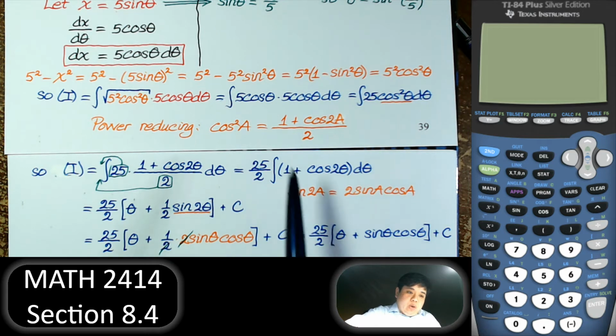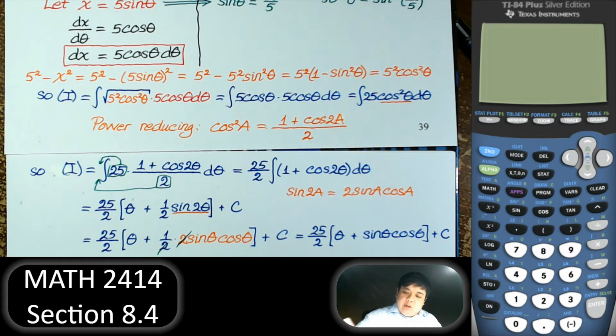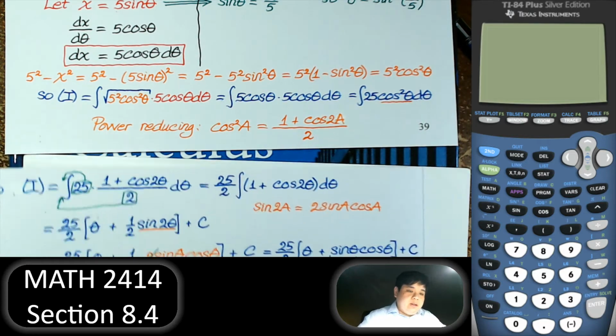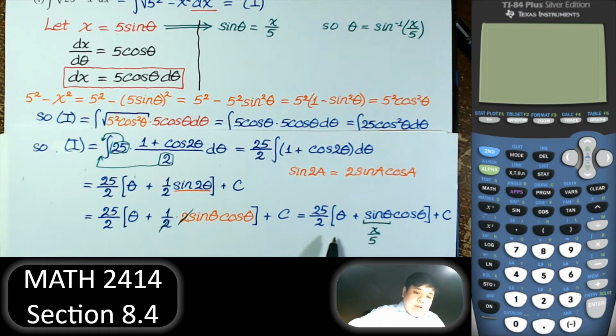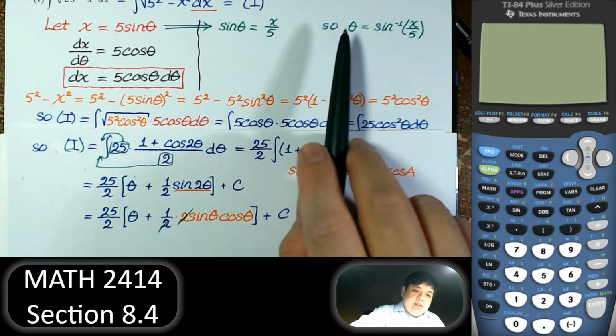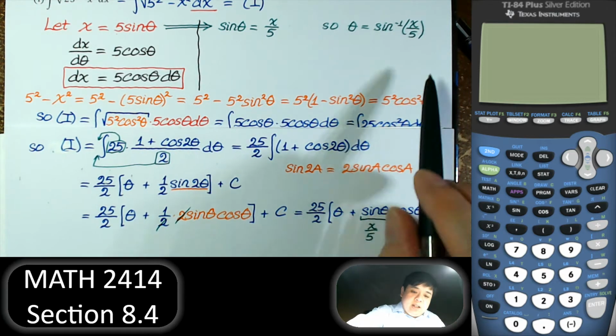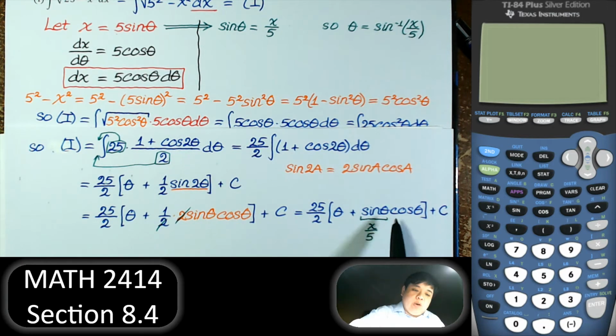Now, we know sine theta is x over 5, and theta is the sine inverse of x over 5. We just need to solve for cosine.